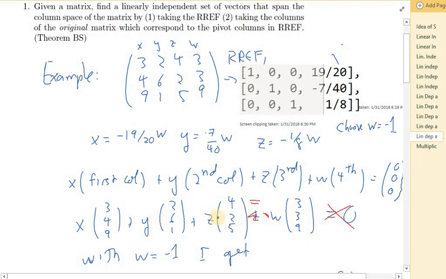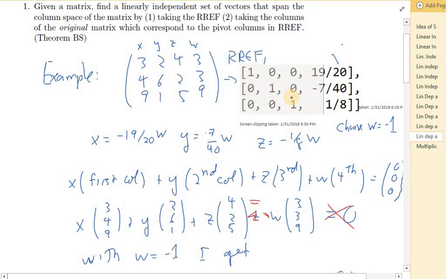Now, these columns were which columns? These columns were the pivot columns. And this 339 column was the free variable column. And you'll find that no matter how many free variable columns, you can always do this. You can always express the column that ends up being a free variable column as a linear combination of the columns that correspond to pivot columns.